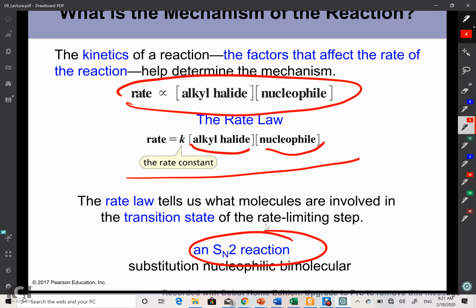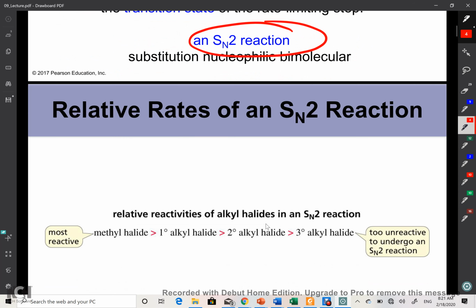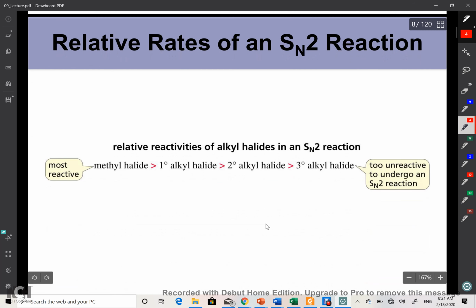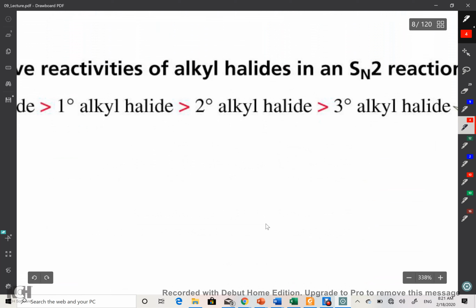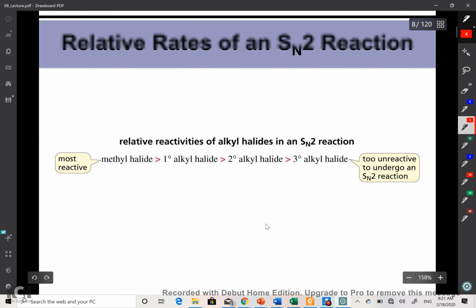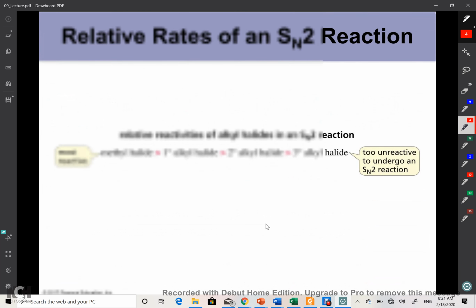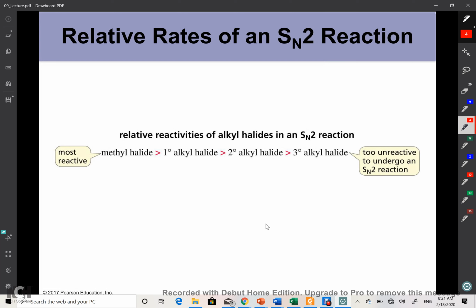So this is an SN2. Now it turns out that the rate of an SN2 reaction depends not just on the concentration, but also on the nature of the alkyl halide. You can have a methyl alkyl halide.